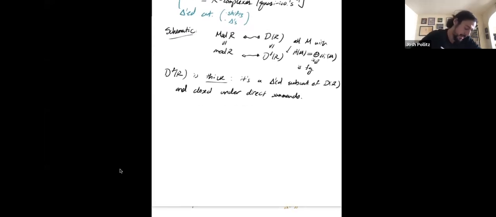More generally, if I have an object M, some complex of R modules, it's interesting to look at the smallest thick subcategory containing M. I'll denote that with brackets: thick(M), the smallest thick subcategory of D(R) containing M.